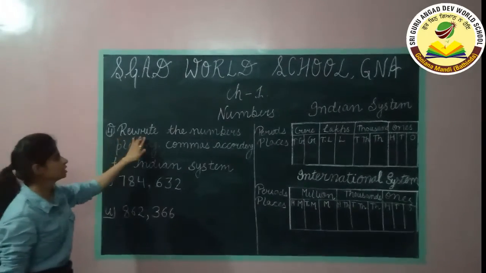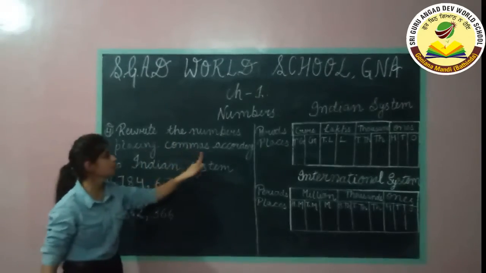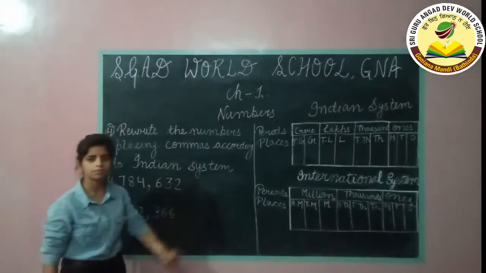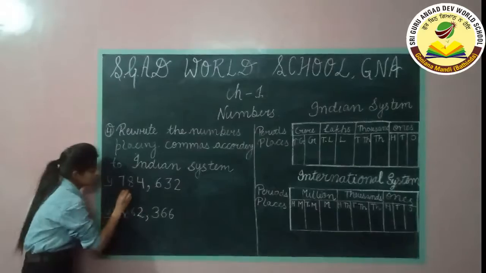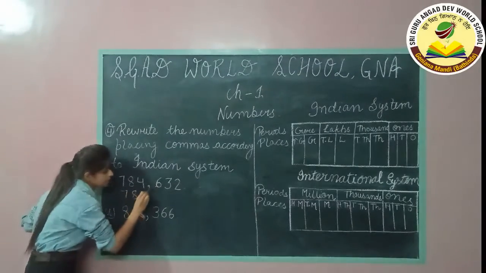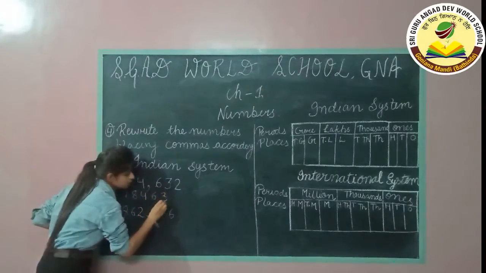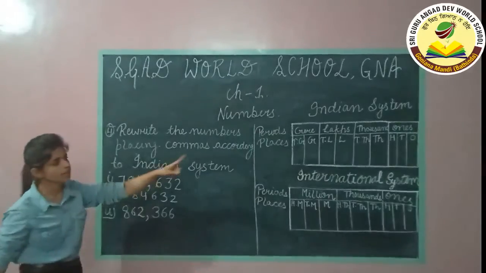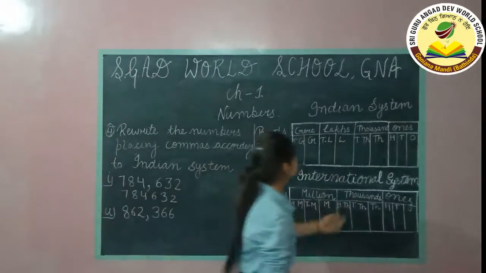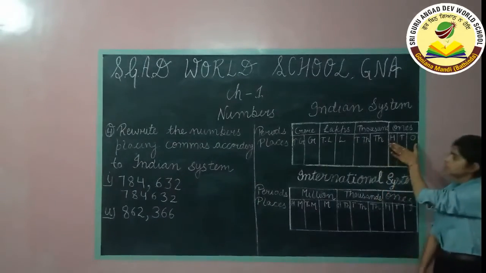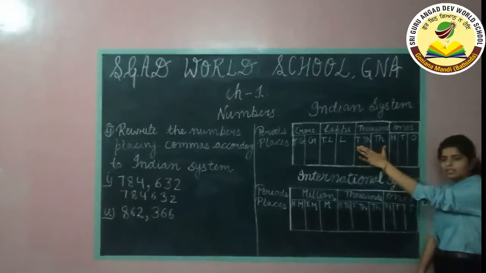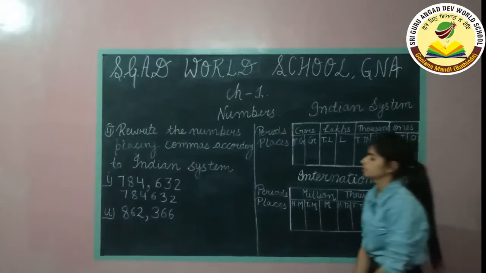Now in the fourth question: rewrite the numbers placing commas according to the Indian system. First you write these digits, 784632, according to the Indian system. The ones period contains 3 digits and the thousand period contains 2 digits.